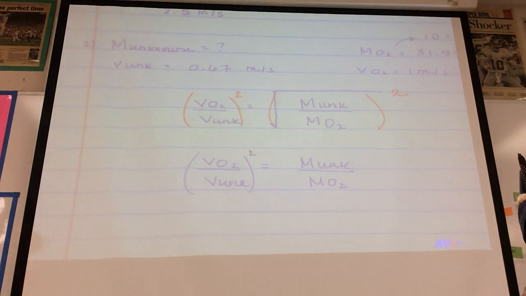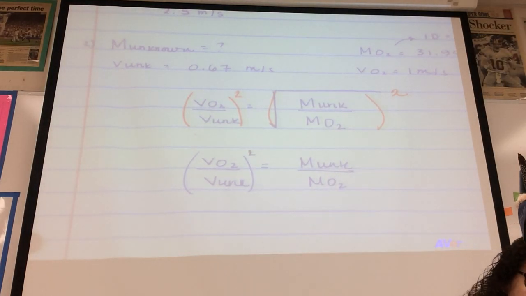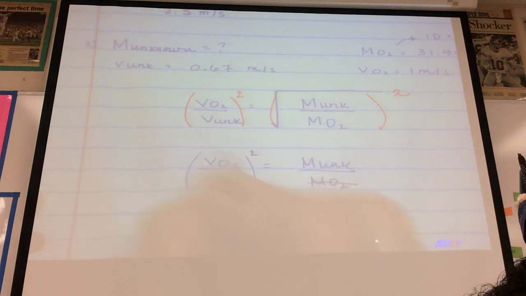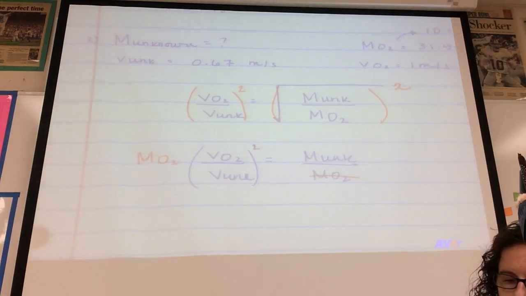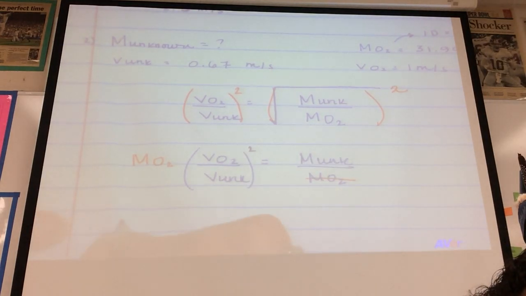So you square both sides, and then you want to solve for the molar mass of the unknown, so you'll multiply that by this. So again, we set up the equation, putting what we want to solve for in the numerator. We square both sides. That gets rid of the radical, and now we can solve.